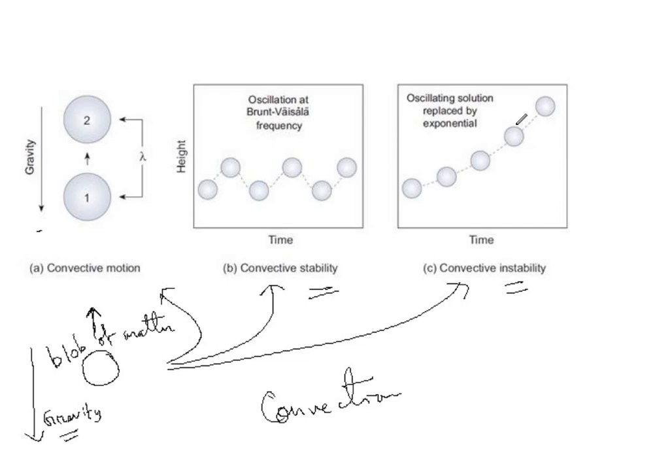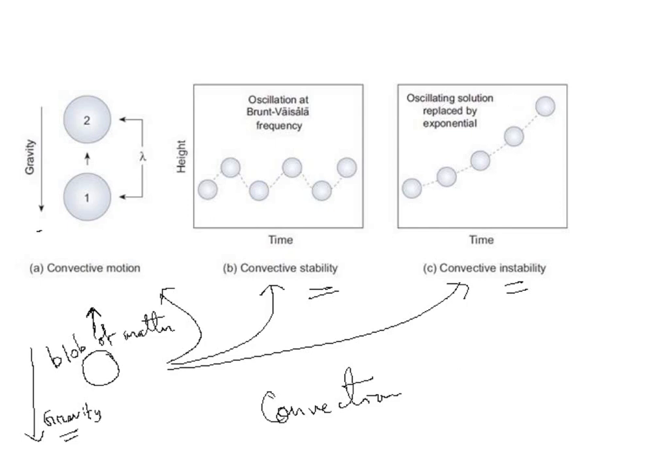Actually, if you work it out, you will see that instead of an oscillating solution, we will have an exponential one. So if the blob of material at position 2 is less dense than the surrounding material, it will be driven continuously upward by buoyant forces. And then we will say that the region is convectively unstable, because it will go on rising as time goes on.